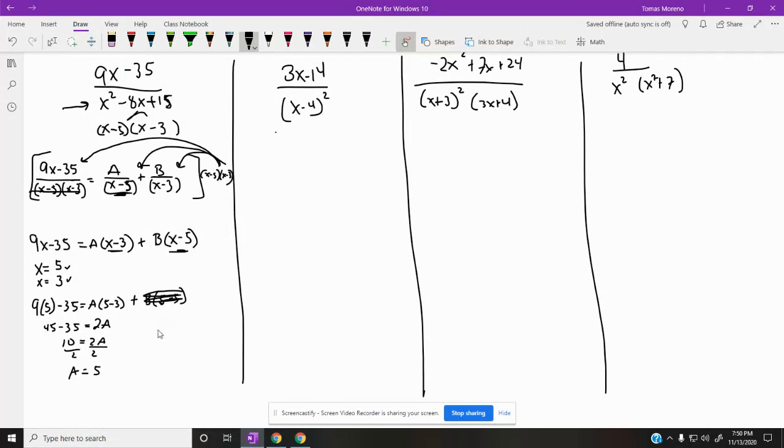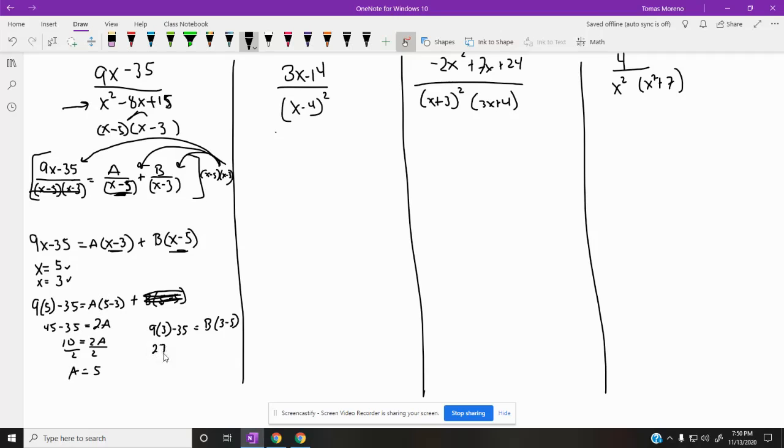Now I'm going to do a similar process, but with the 3. So 9 times 3 minus 35 equals, well, if the B canceled before, the A is going to cancel here, so I have B times (3 - 5).